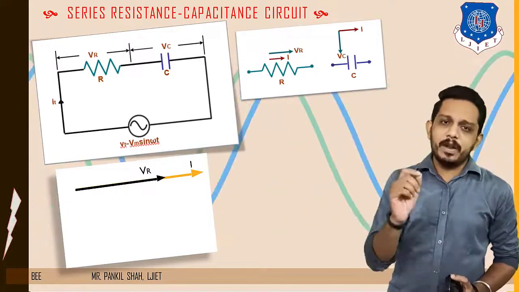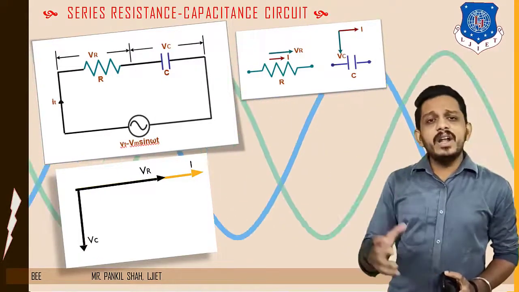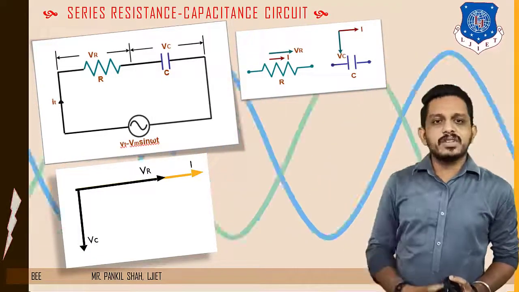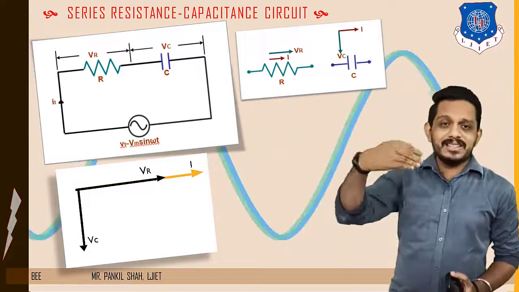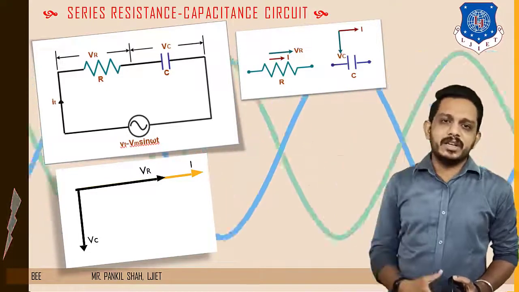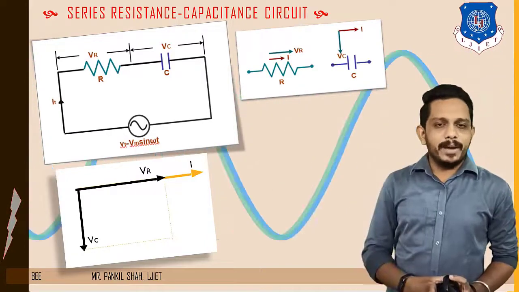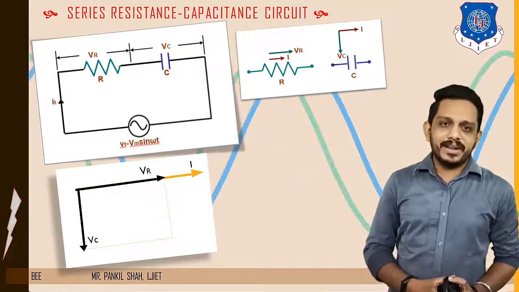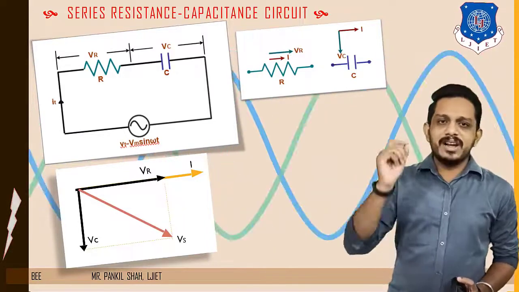On the same line as the current, it will be VR, the voltage across the resistor. From that current line, we will draw the voltage across the capacitor 90 degrees downwards, because the current is leading and the voltage is lagging by 90 degrees in case of a capacitor. So we now have two voltages. By the parallelogram method, you can add these two vectors, and the diagonal of this parallelogram will define your resultant voltage.